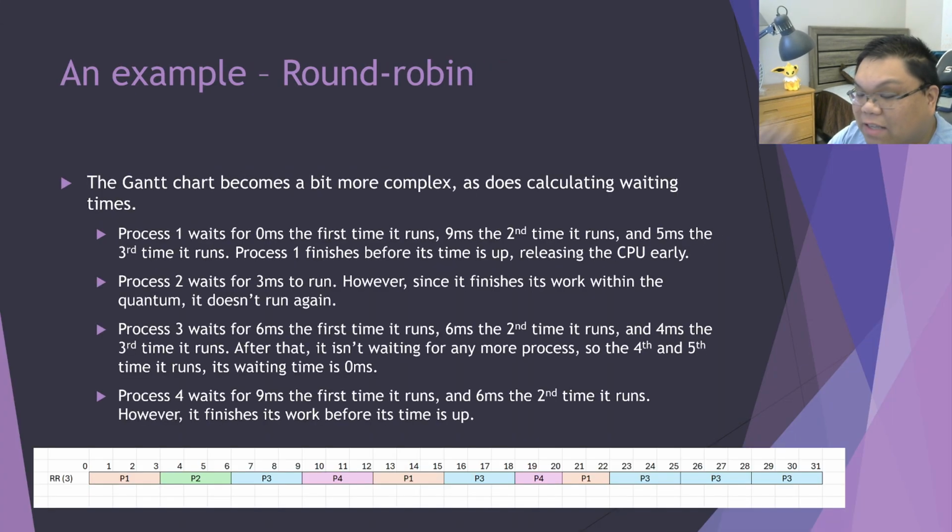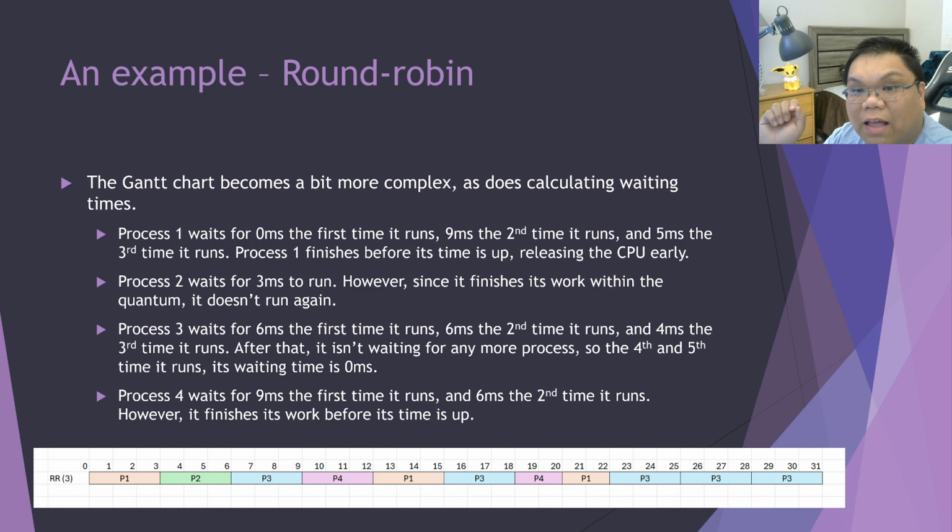So what happens is this. It's going to run for 2 milliseconds, but when it does, it terminates. So now we can preempt the CPU early. So now it's process 1's turn to run. But it terminates early because it didn't use up its full quantum.